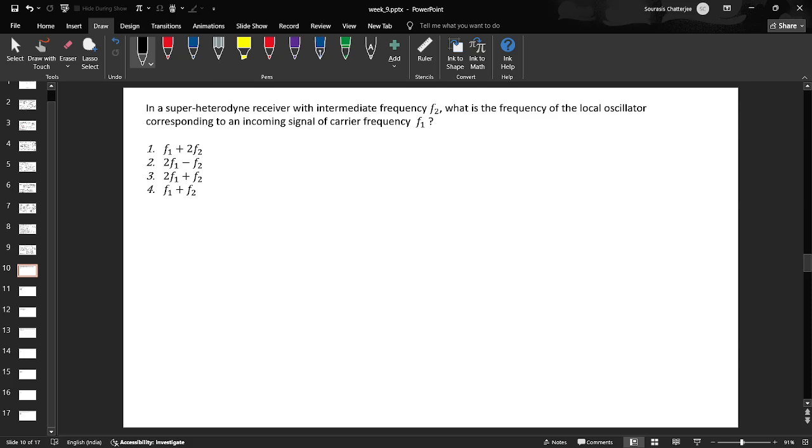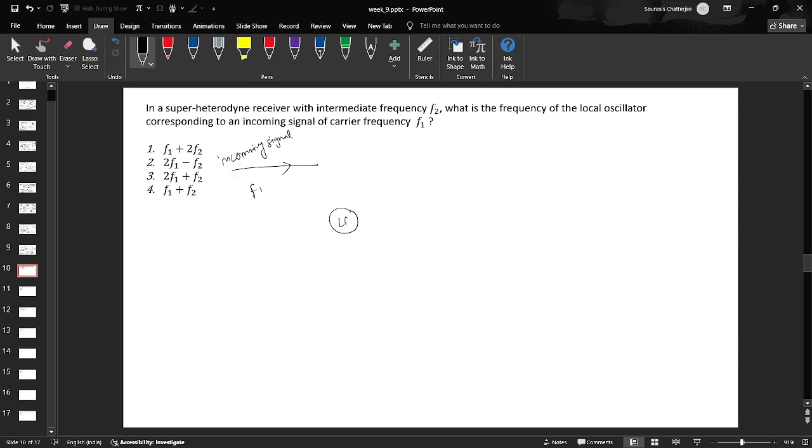By the way, even if I talked about the superheterodyne receiver last time, I'll just refresh that topic here. What is the purpose of this? What is this whole thing known as? Let's say you have an incoming signal of frequency f1.